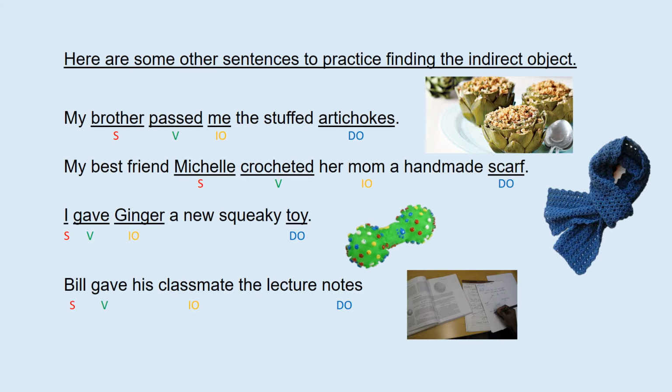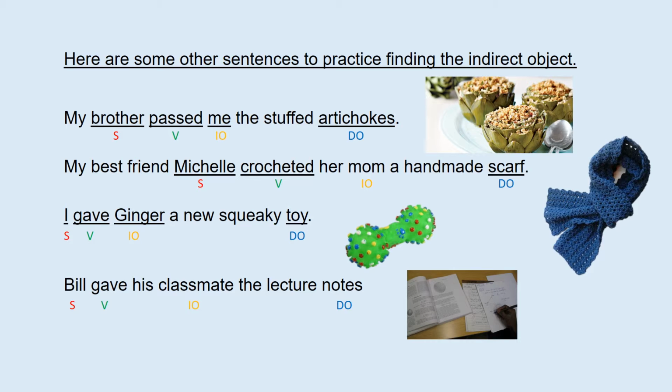Well, if you know anything about crocheting, you know you can't crochet a mom. So, the other noun in the sentence is scarf. You can crochet a scarf. So, Michelle, the subject, crocheted, the verb, a scarf.